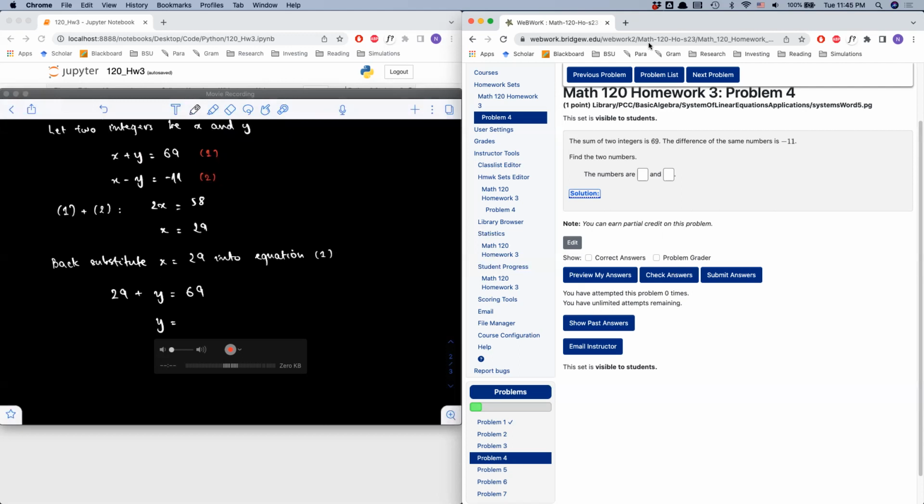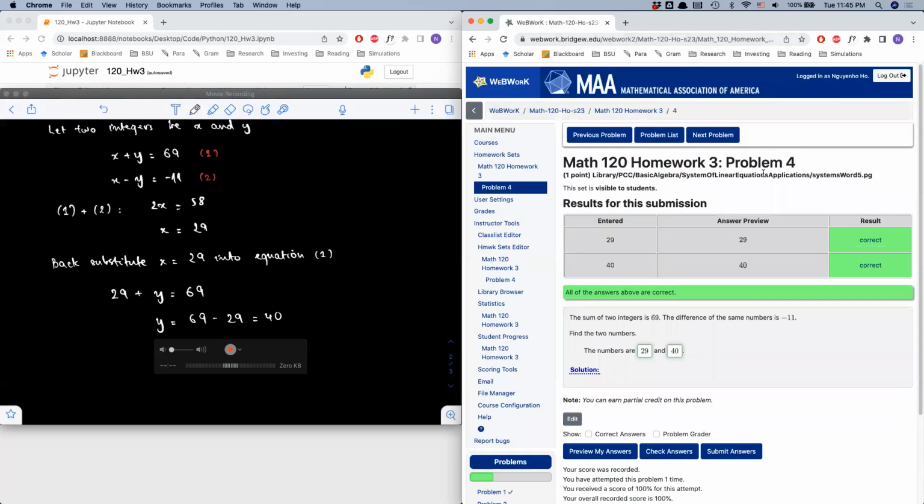And therefore, y is equal to 69 minus 29, which gives you 40. So the two numbers are 29 and 40. So I'm going to put this in my answer. So let's submit the answer and see what happened. So that's the procedure that you need to follow.